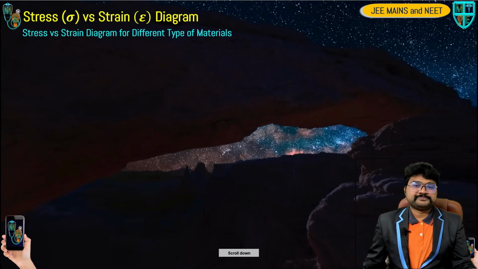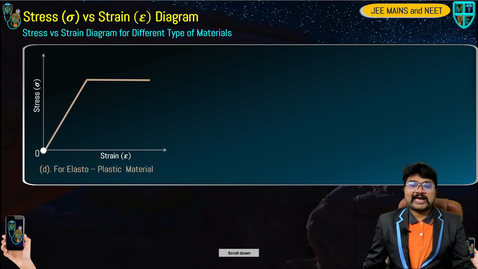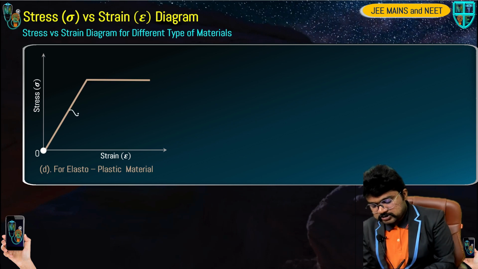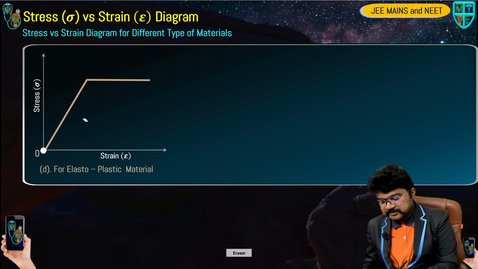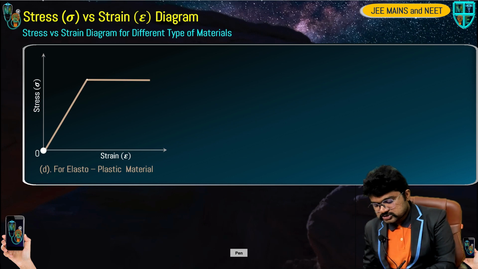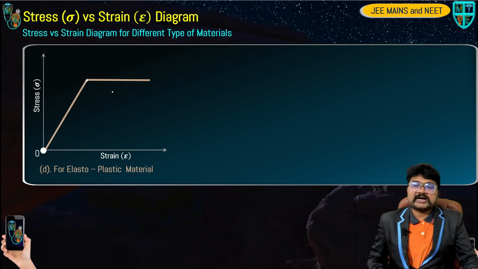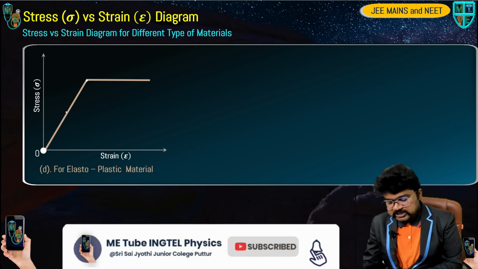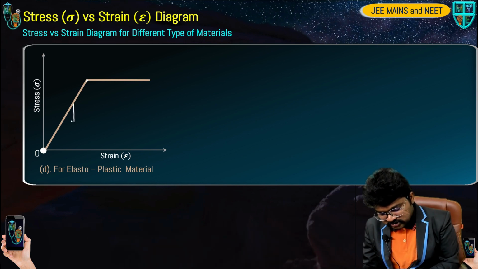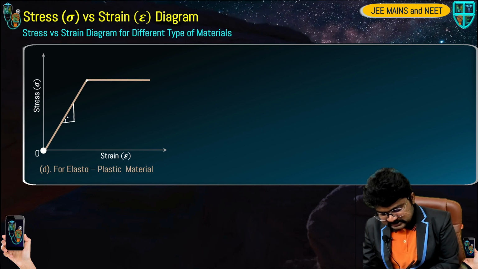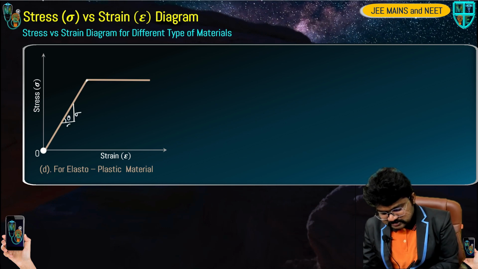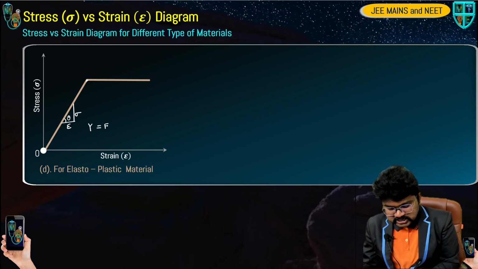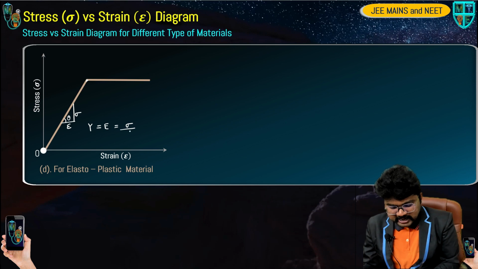Now coming to elastic and plastic material, elastoplastic. Up to this point the slope is constant. After that, a line parallel to the strain axis, the slope is zero. Here the slope is constant, sigma by epsilon, Young's modulus E equals sigma by epsilon.